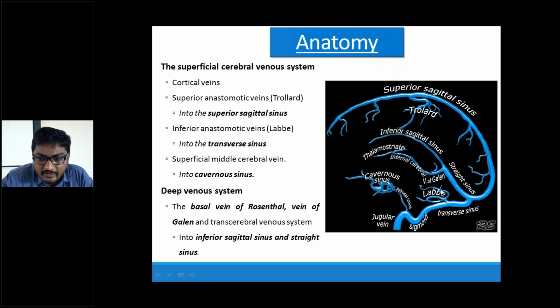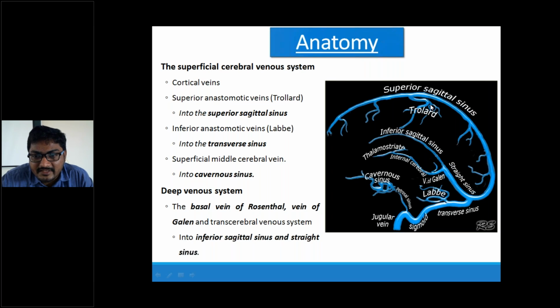Everyone will be fond of reading, and before going to the NEET entrance examination or any examination, you will know the superior sagittal sinus is here, straight sinus is here, transverse sinus is here, but they will ask about the vein of Trolard, vein of Galen, vein of Labbe, as A, B, C, and they will give you which of the following is right or which of the following is false.